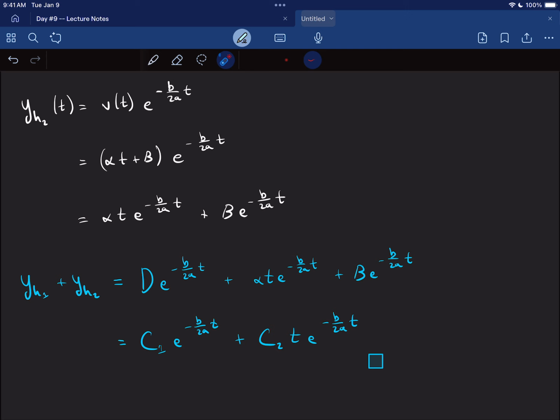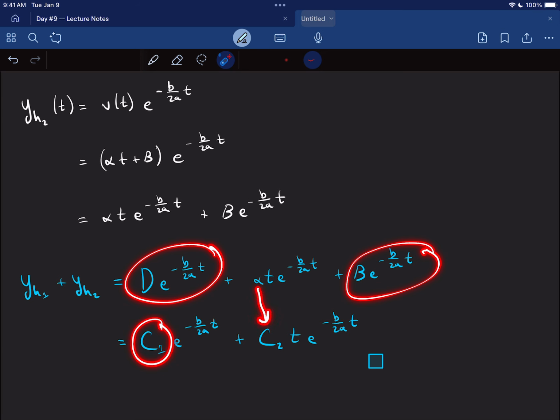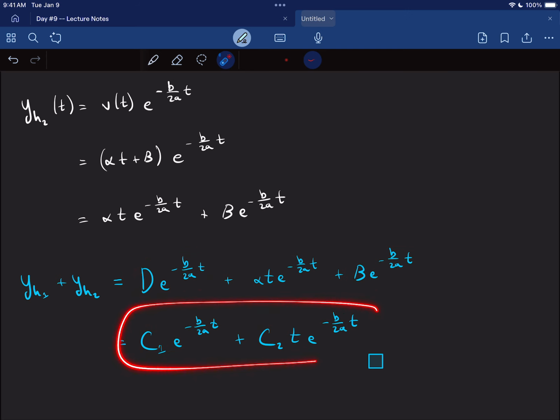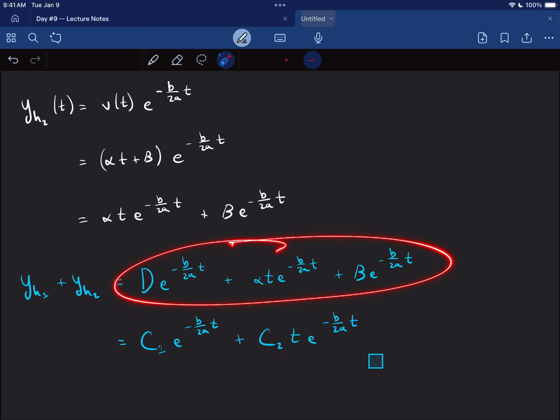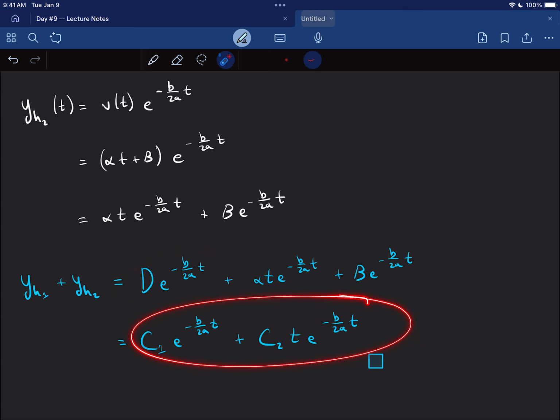But watch what happens. I have this added to that. It's just d plus a beta. Call that C1, and call alpha C2. Now I have a nice, clean, final answer. I'm just combining these together, renaming some constants at my leisure, but there we go.